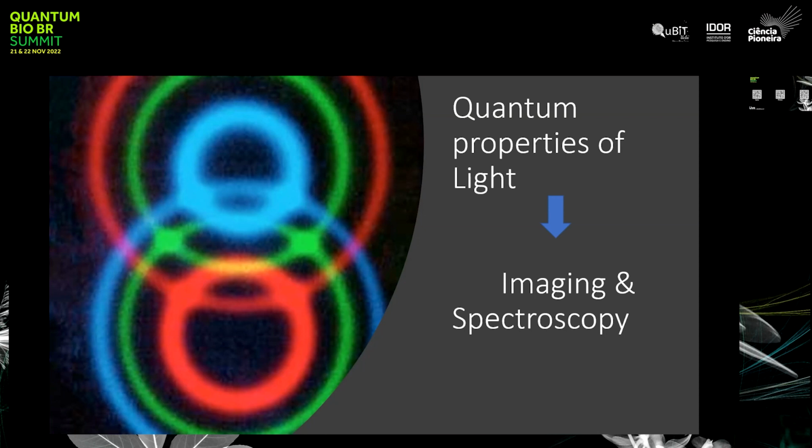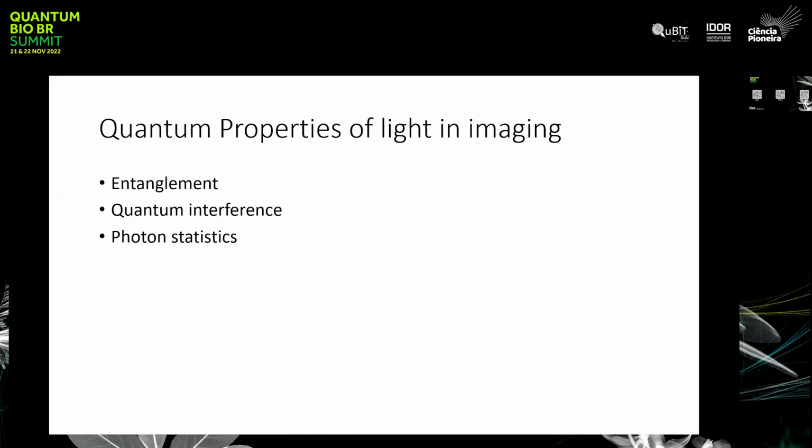But I think what we mean by quantum biology is often when we harness quantum properties specifically. The properties of light that we mainly use in imaging are entanglement, interference, and photon statistics. There are infinite imaging techniques being developed today using either of these or all of these combined.